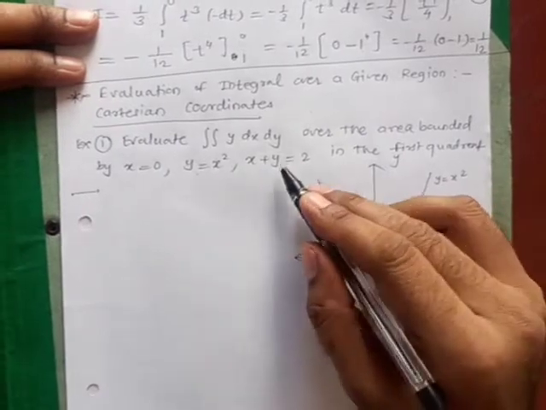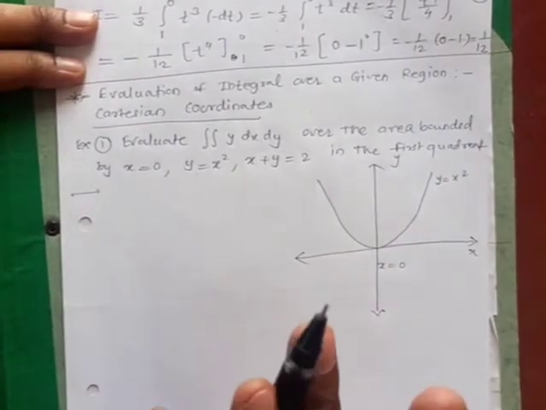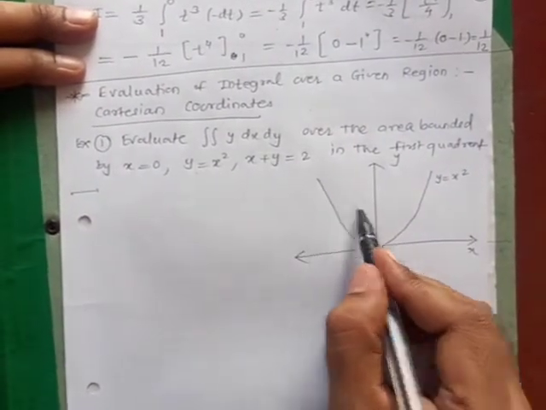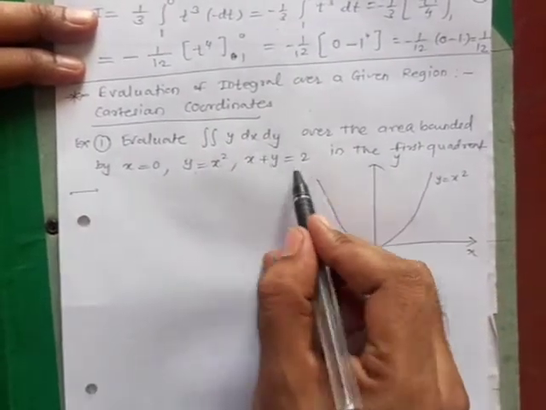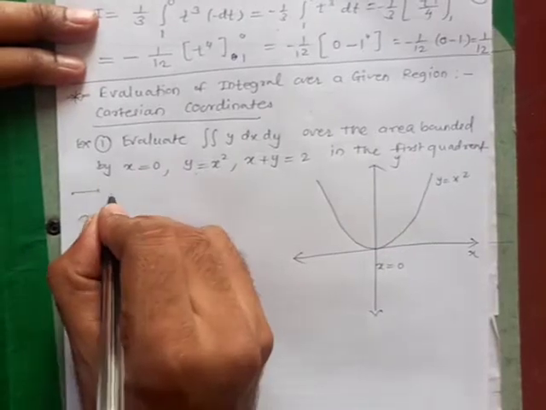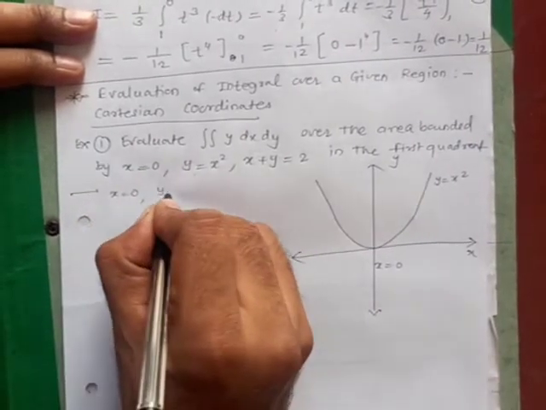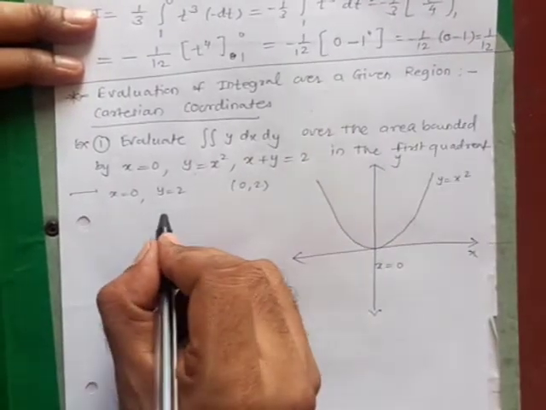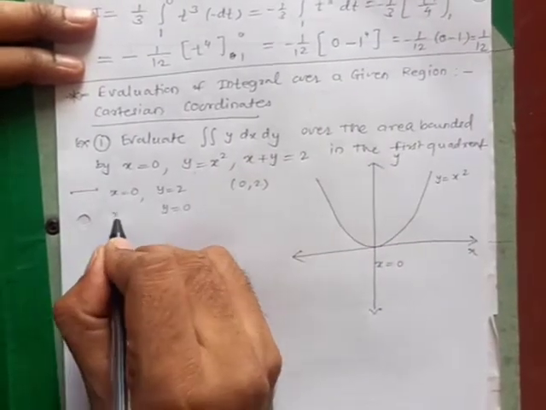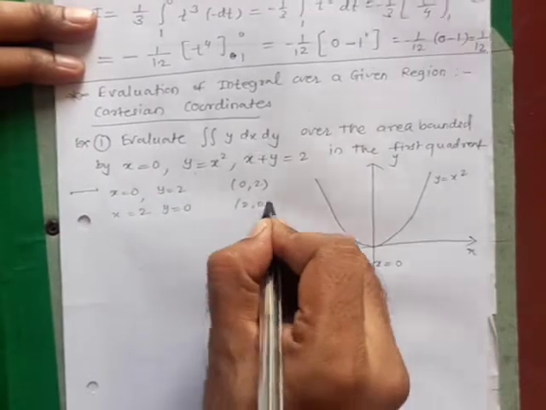Right, next is x plus y equal to 2. It's a line, so we need 2 points to join this line. When x is equal to 0, y will be 2, so first point is 0 comma 2. When y is equal to 0, x will be 2, so 2 comma 0.